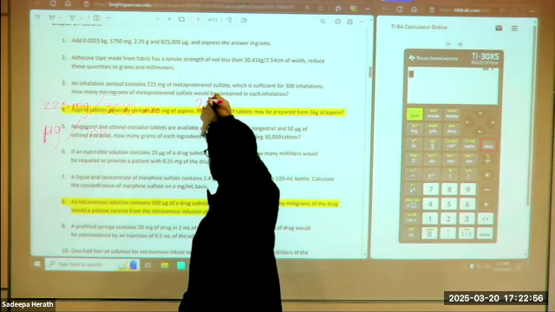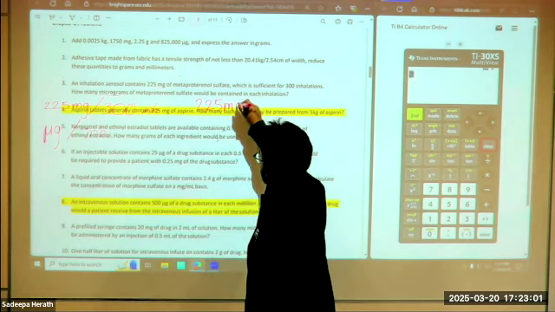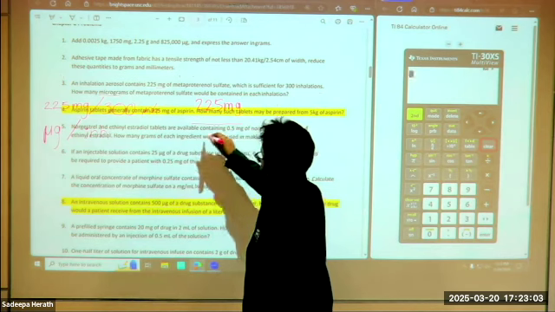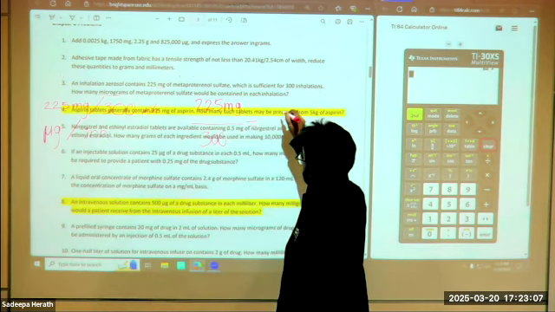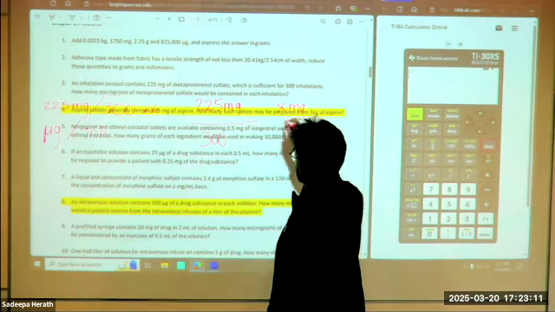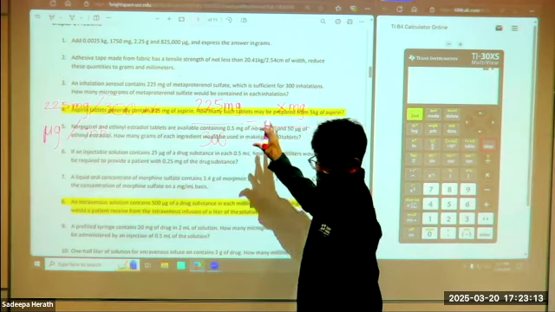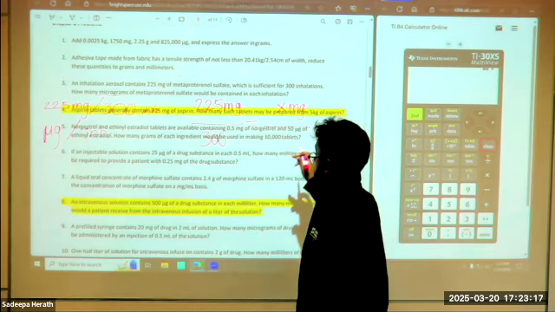225 per 300 equals X amount of milligrams per 1, because proportions equal each other. You've got to make sure the units equal each other as well.